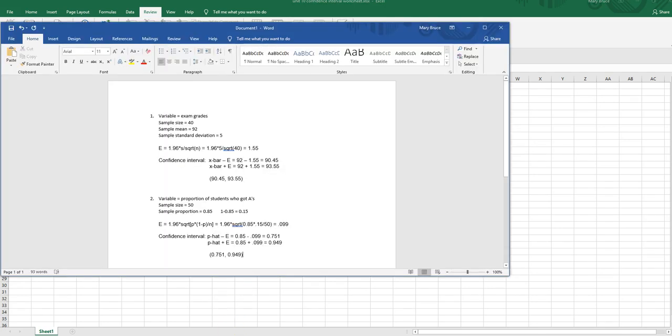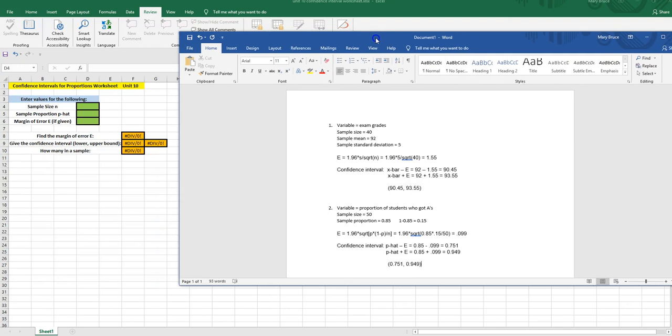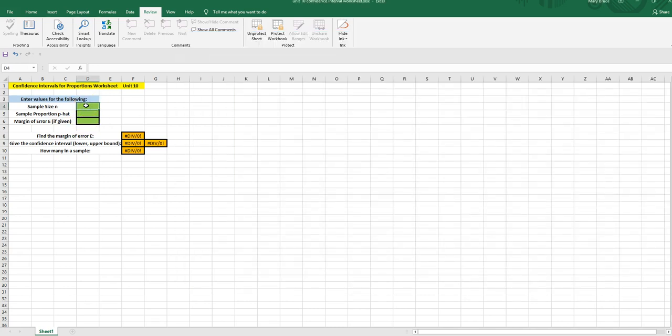Okay, so as you'll recall, my sample size for this one was 50. My sample proportion was 0.85. Since there was no margin of error given, I had to calculate it myself. I don't fill in that third green box. So I'm going to come here and put in sample size of 50, sample proportion, and make sure you put it in as a decimal, 0.85, and then I'm going to press enter.